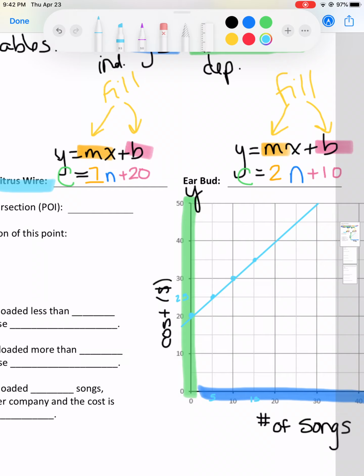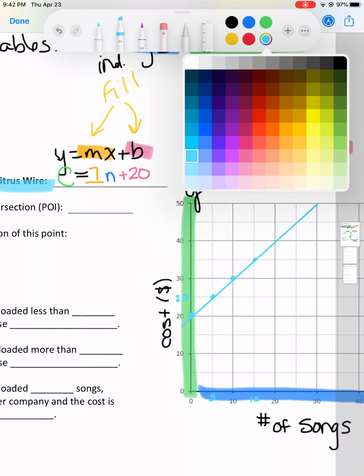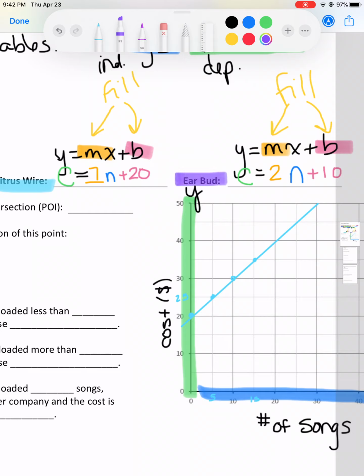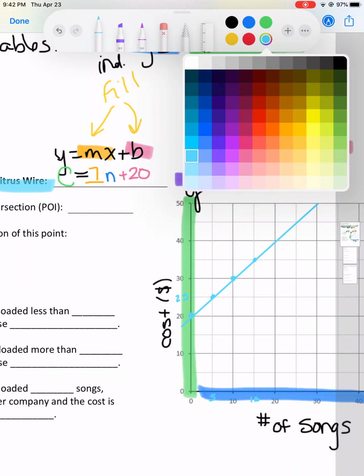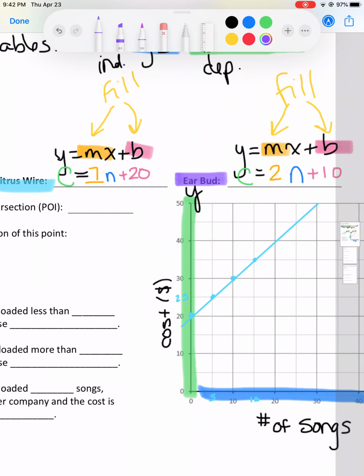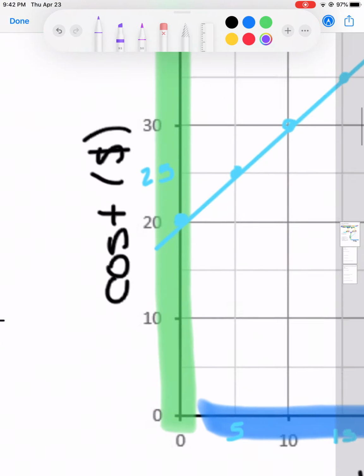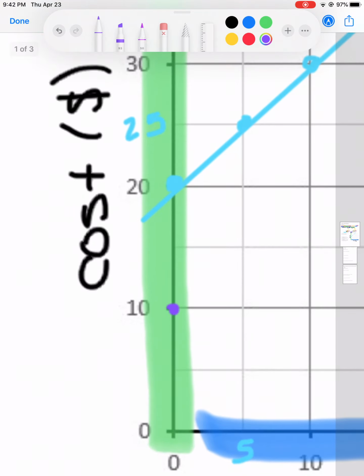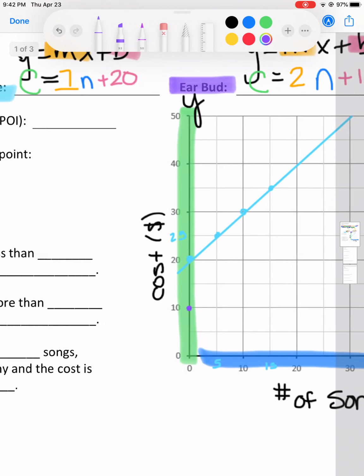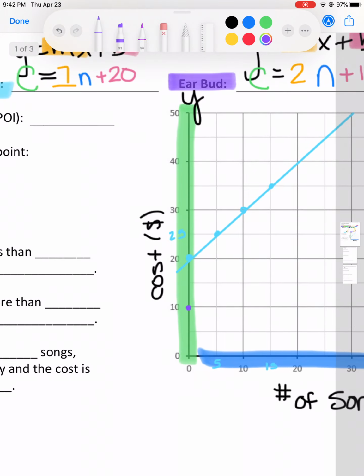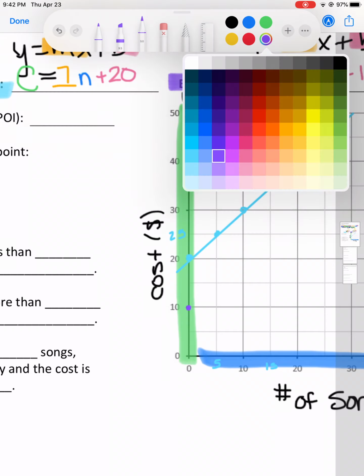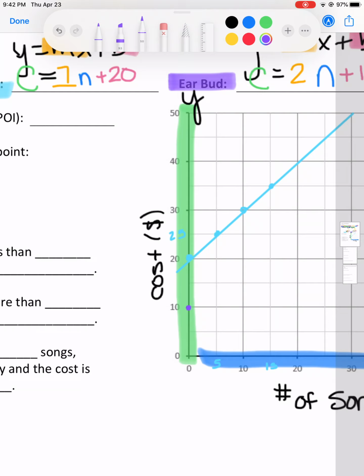For earbud, I'm going to use, let's say, this darker purple. So where do we start? We start at $10. And then we go up to over 2. Okay. Sorry, up to over 1. Ooh, that would have been bad, because 2/2 is technically 1, right?